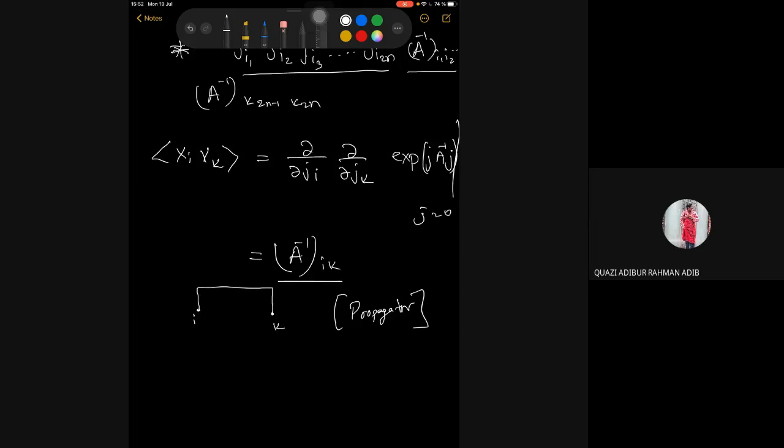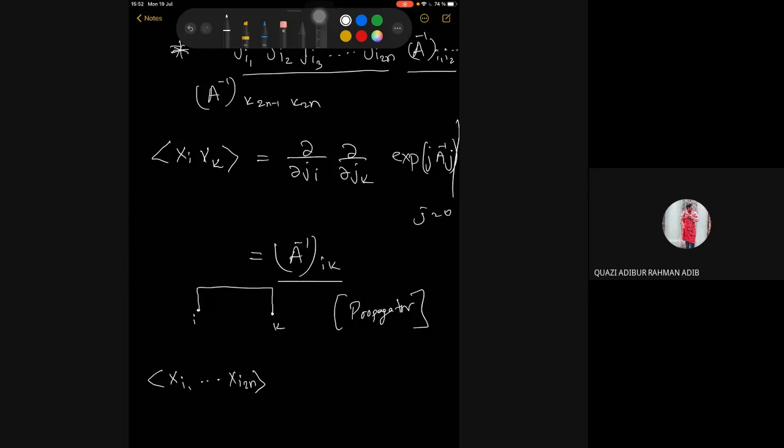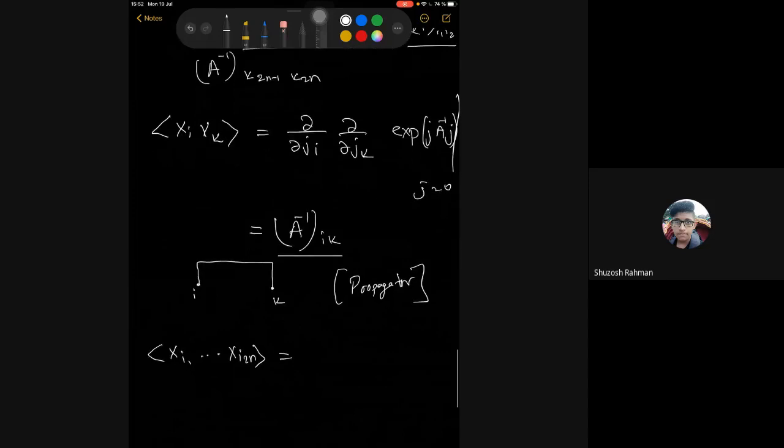So if you have a bunch of xi's, is it the same propagator as the one we learn in, what's the word for it again? Some integral, I forgot the name of it.